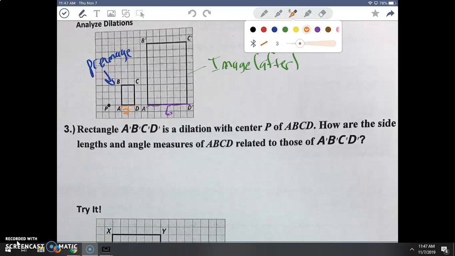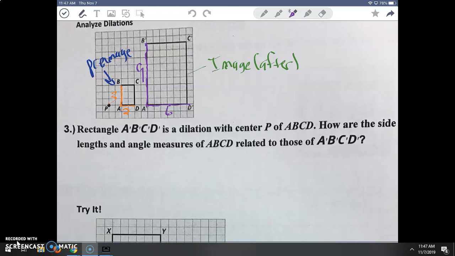Now let's take a look at the sides as well. From B to A, or BA, it goes 1, 2, 3. And then we look at the B prime A prime of the image: 1, 2, 3, 4, 5, 6, 7, 8, 9. So you notice that is 9. Then we're going to set this up in ratio form.